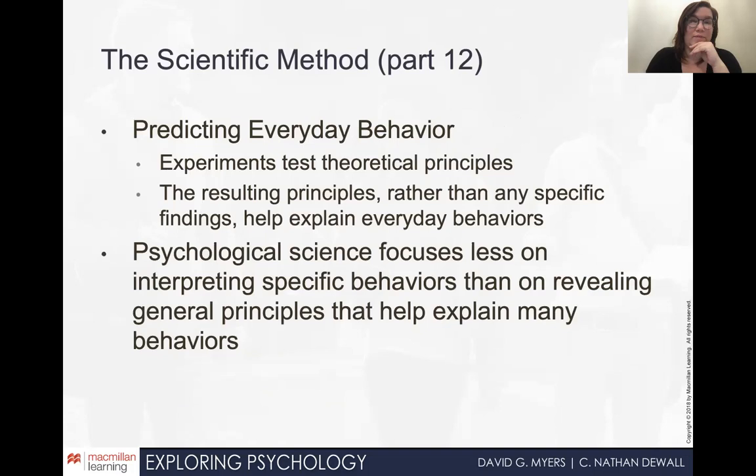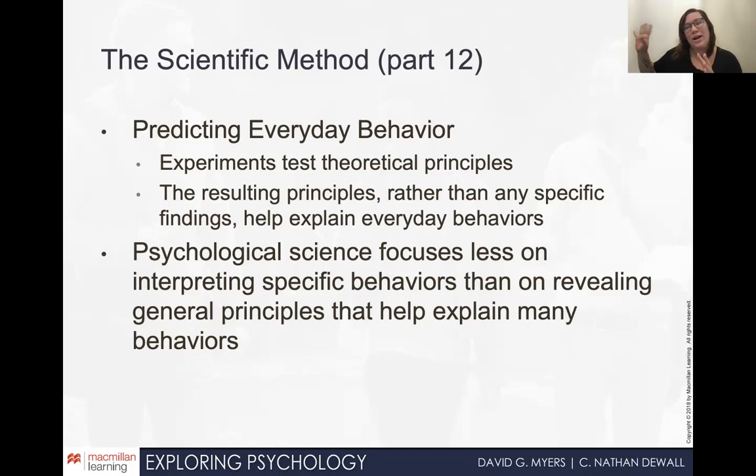Predicting everyday behavior. So experiments test theoretical principles. The resulting principles, rather than any specific finding, help explain everyday behaviors. So the thing about research, especially if you're doing experiments, I like to think of experiments and research being done in sort of the ivory academic tower, right?